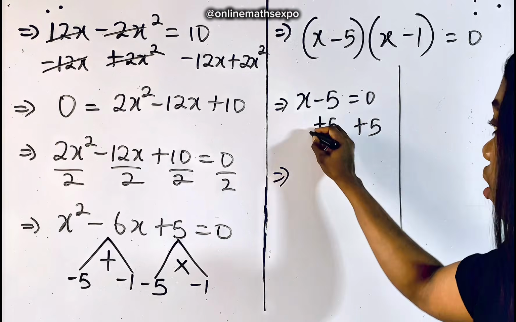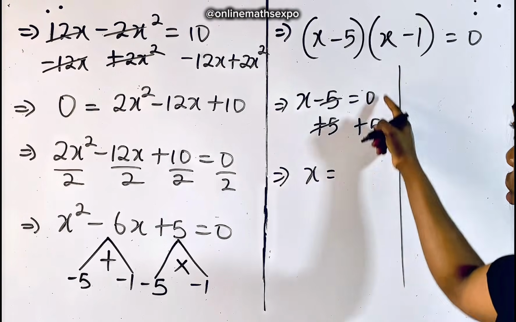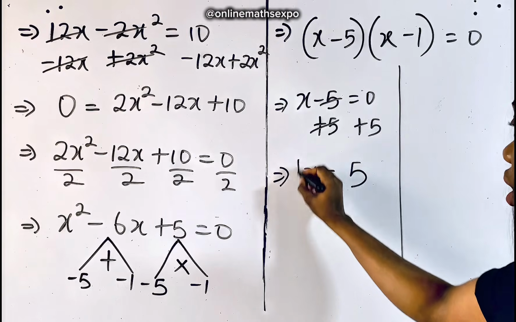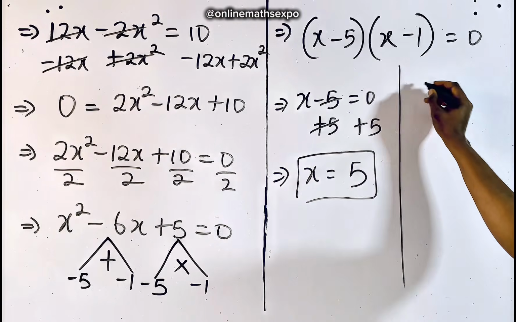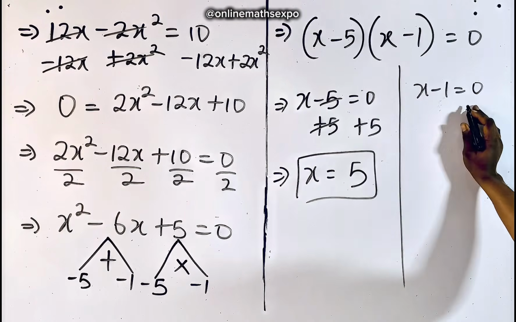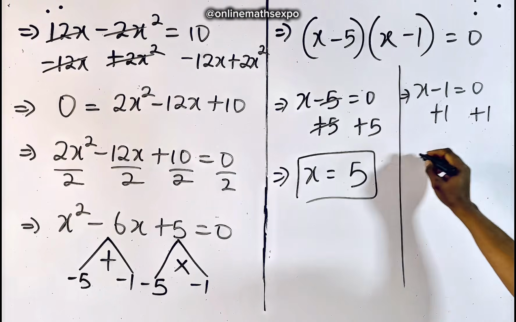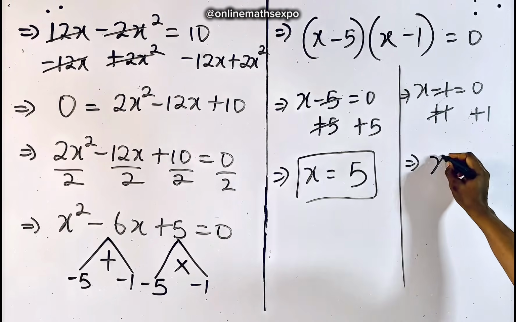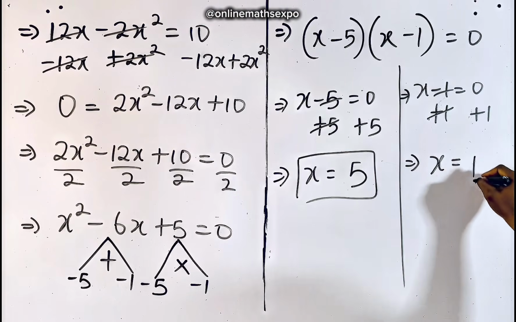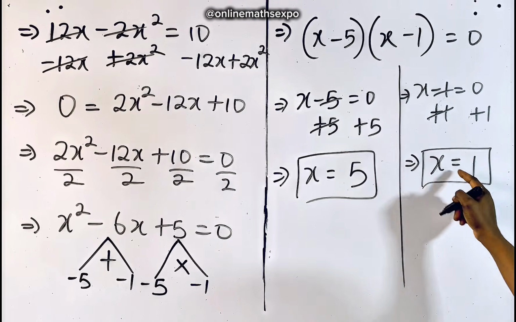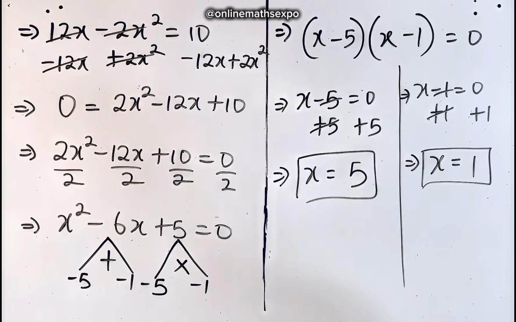And when you do that, this takes off. We have x is equal to, add this, it gives you 5. Now for this, we are going to have x minus 1 is 0. To get this, you add 1 to both sides. And when you do that, x will give us, add this, it gives us 1. So the value of x here is 1, and this is 5.